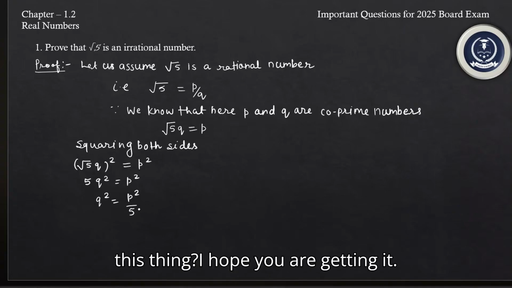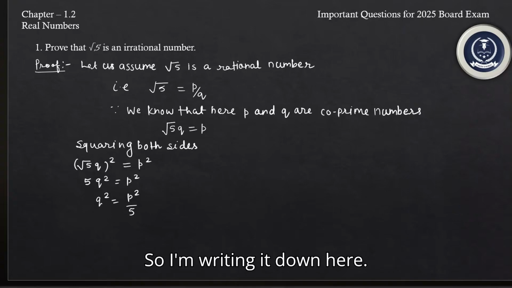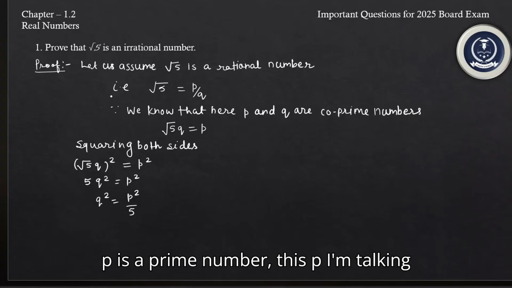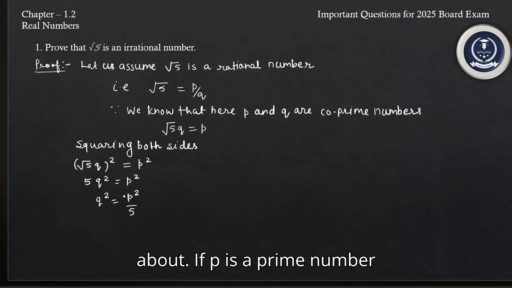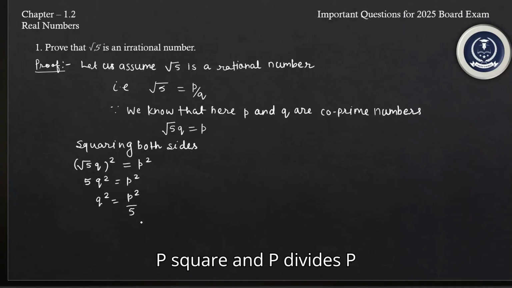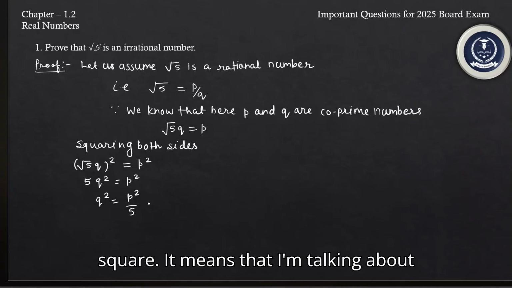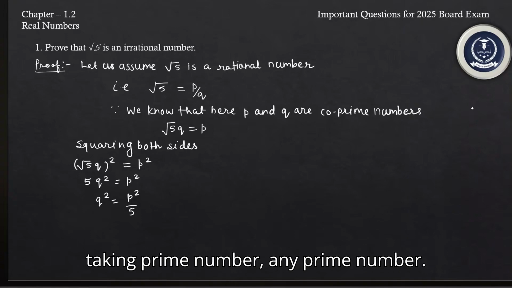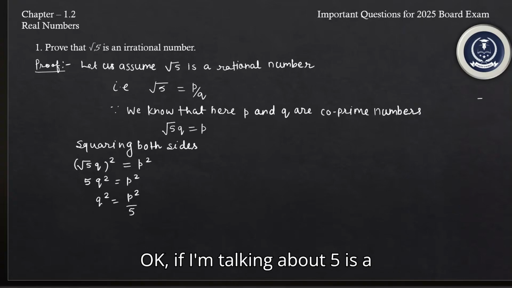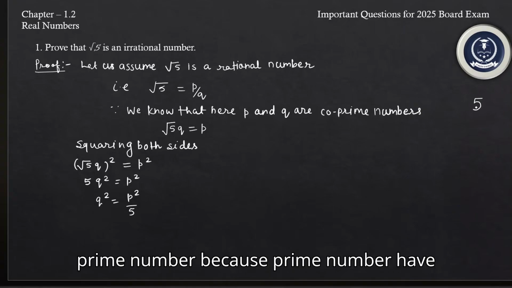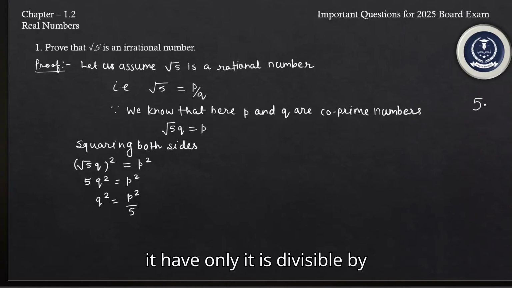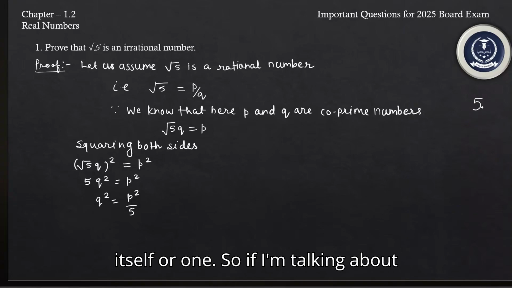Did you get it? I hope you are getting it. One theorem you know about it: if p is a prime number and p divides p square, it means that, for any prime number, 5 is a prime number because it is divisible only by itself or 1.